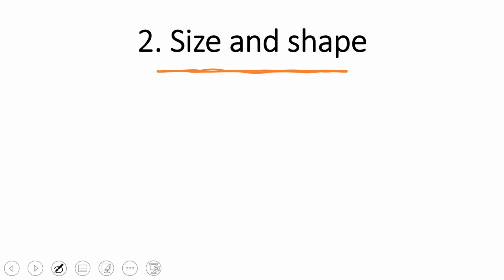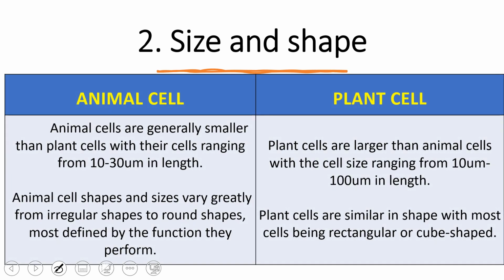Then if you go for size and shape, animal cells are generally smaller than plant cells, as I have just told you. The size ranges from 10 to 30 micrometers in length, whereas plant cells are larger, with the size going up to 10 to 100 micrometers in length. Animal cell shape and size vary greatly from irregular to round shapes, mostly defined by the functions they perform.